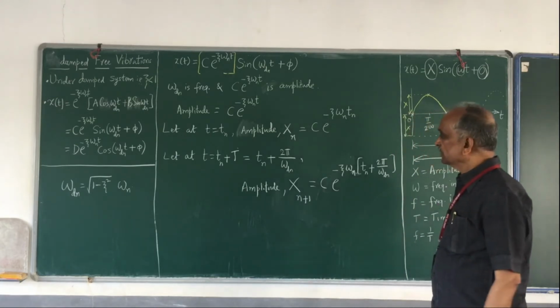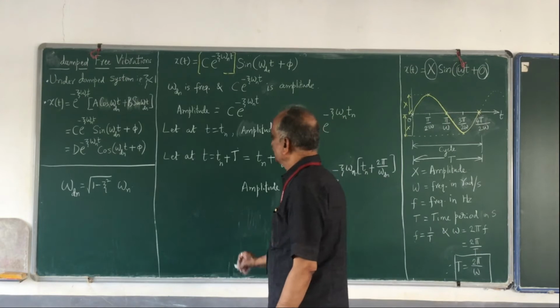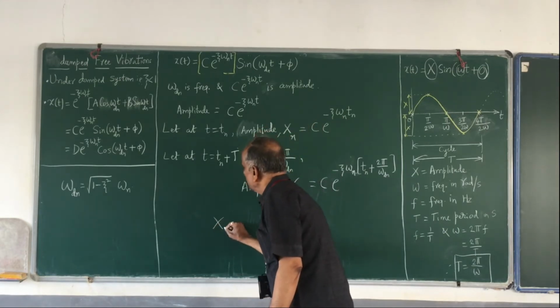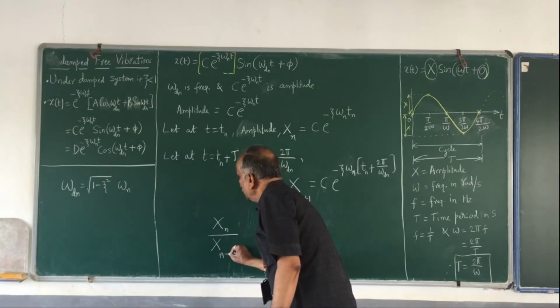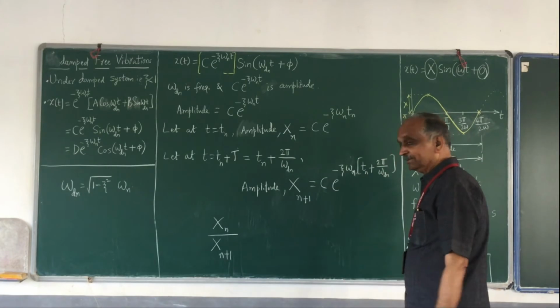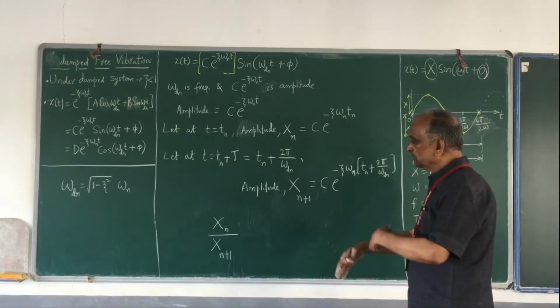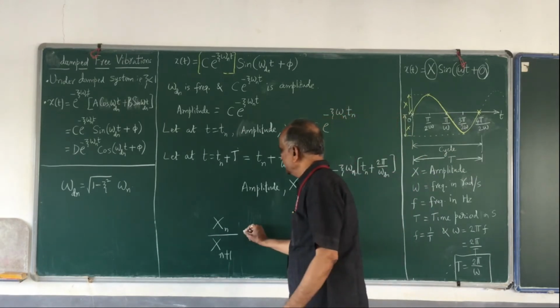Okay, so now let me take the ratio of the two amplitudes, the ratio of two consecutive amplitudes, xn divided by xn plus 1.